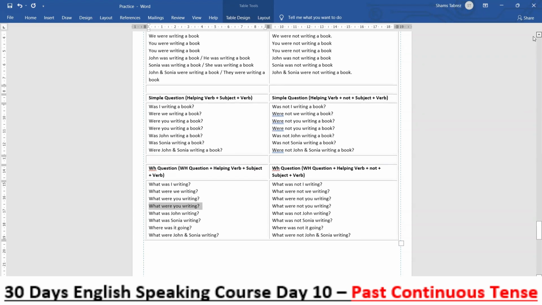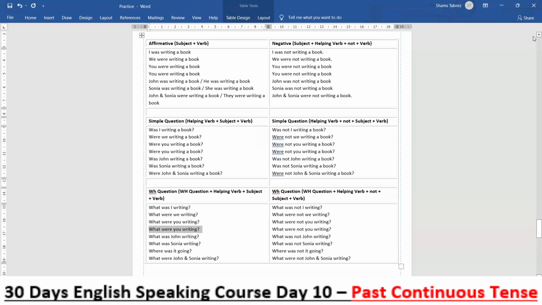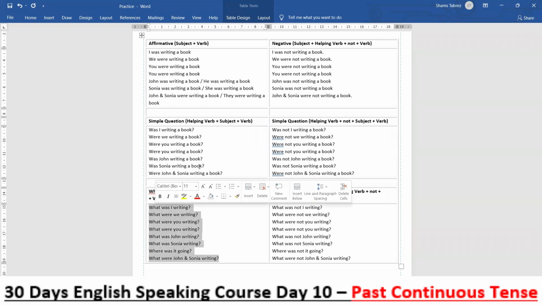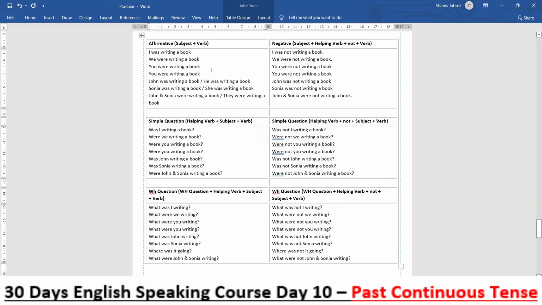The answer should be, I was writing a book. So see, this time, when you are answering a WH question, you don't need to use words like yes or no. You can directly reply with an affirmative sentence.